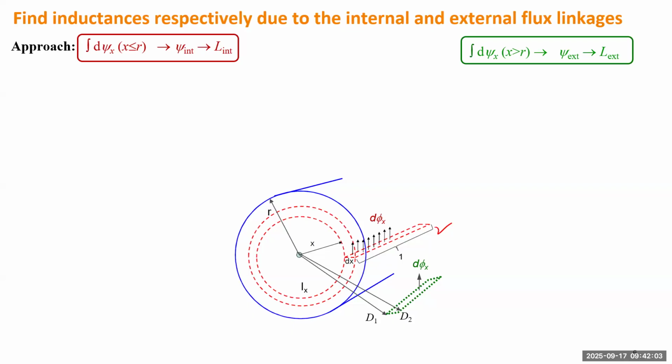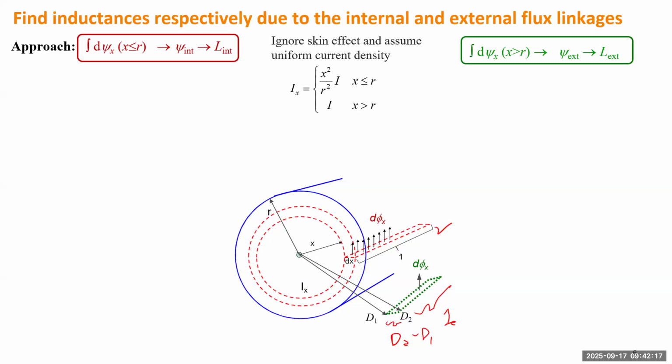Similarly, outside we also have the length of 1, and this dimension will be just D2 minus D1. And we ignore skin effect here.